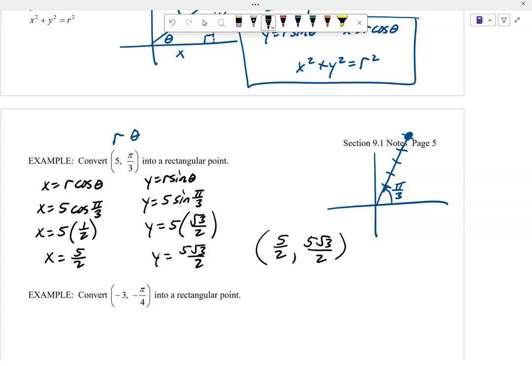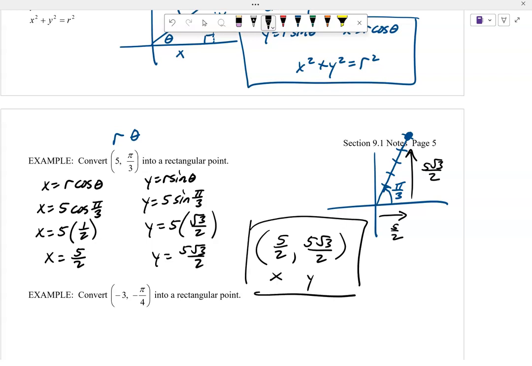And so in other words, I'm out 2.5 and I'm up 5√3 over 2, which is, I don't know what distance that is, but up a little more. And that's the equivalent xy to get to the same spot as the polar coordinate, right? To get to that same point.